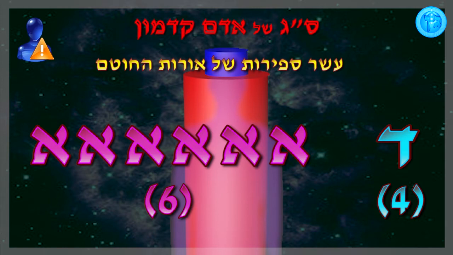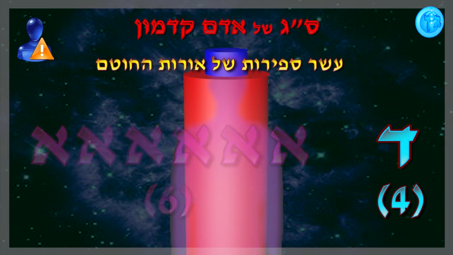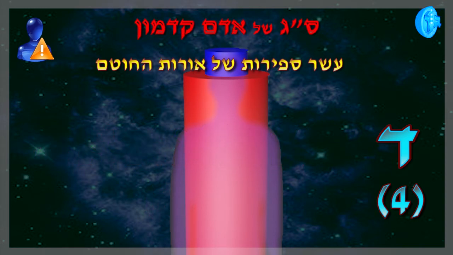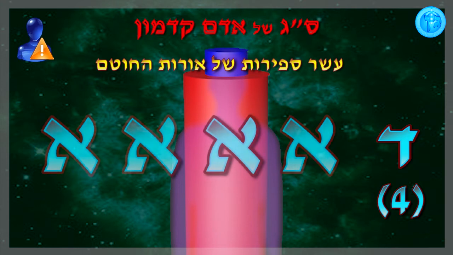However, as we learned in our last video lesson, the Arizal stressed that unlike the letter Vav, the letter Dalet did not actually split into 4 Aleph letters. However, at this stage of his teachings, the Arizal proceeds to reveal that although the letter Dalet did not actually split into 4 Aleph letters, nevertheless, there is some hint to the existence of these 4 Aleph letters.